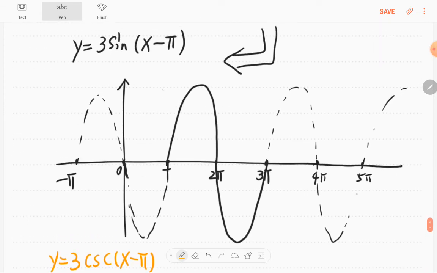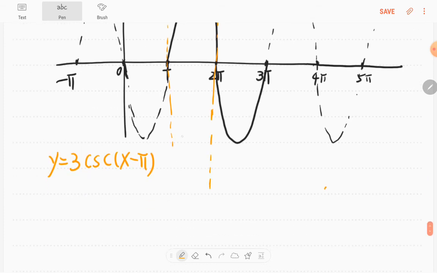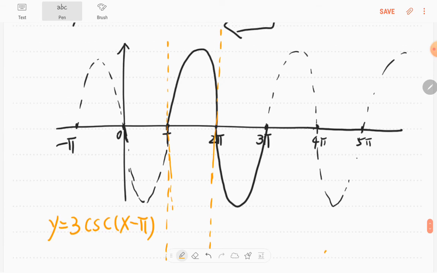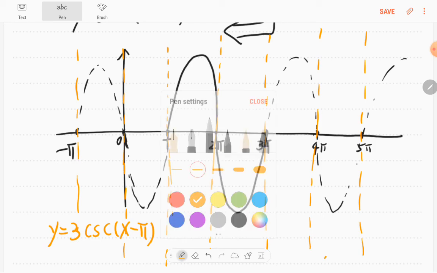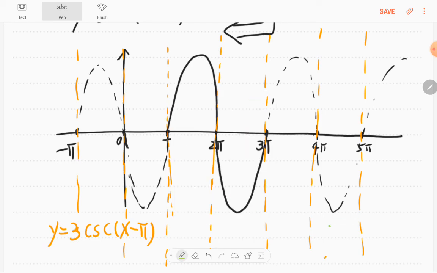When sine equals 0, it would be a vertical asymptote. So there is a vertical asymptote here, and here, and here, and here, and here. I use another color, the green color, to draw the graph.